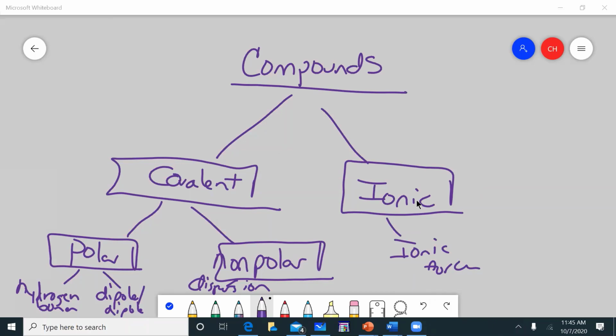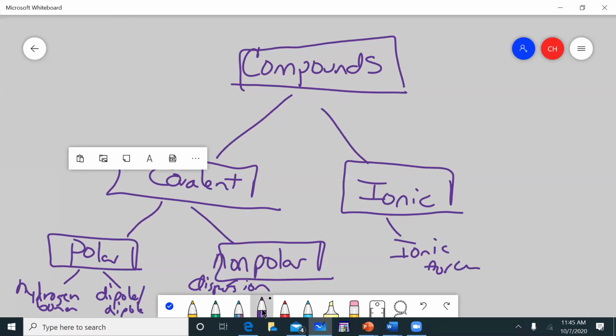Any other questions? Let me write that down. Sorry, it's a total mess. So yeah, first breaking them up into covalent or ionic. And sometimes instead of covalent, you'll see it as molecular. But in this case, we're sharing electrons. In this case, we're transferring.